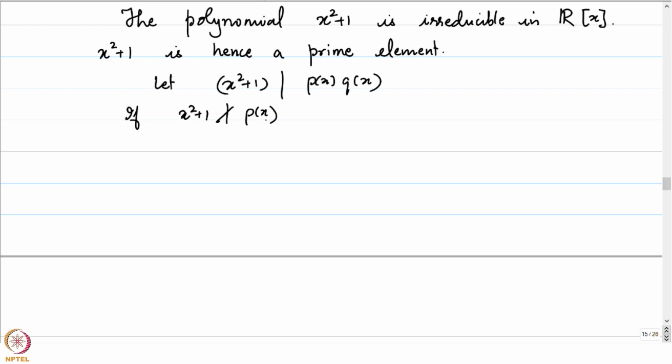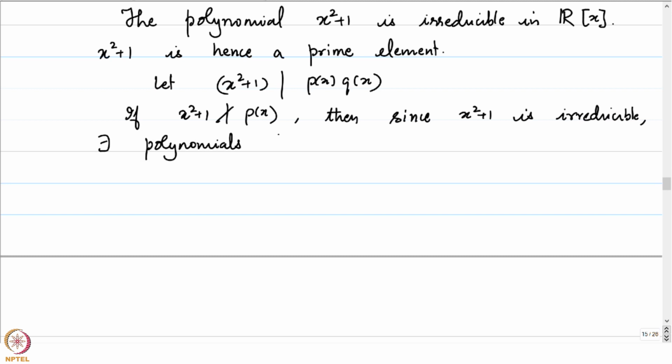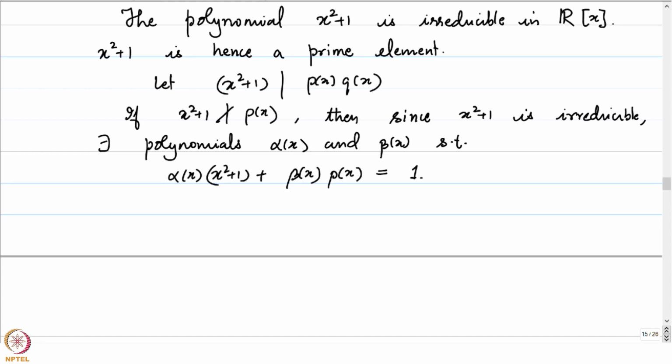Let me phrase it this way: since x square plus 1 is irreducible, there exist polynomials alpha(x) and beta(x) such that alpha(x) times x square plus 1 plus beta(x) times P(x) is equal to the constant polynomial 1.